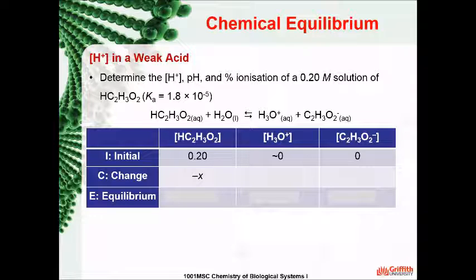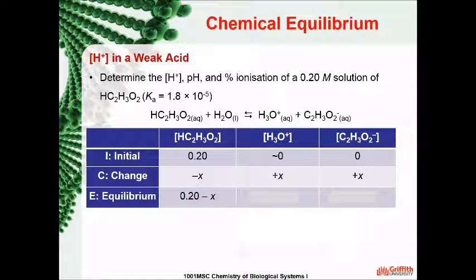In the change row, after the reaction has started, let's assume that an X amount has dissociated from the acid. According to the stoichiometric coefficients, X amount should be produced for the hydronium ions and X amount of the conjugate base, C2H3O2-.